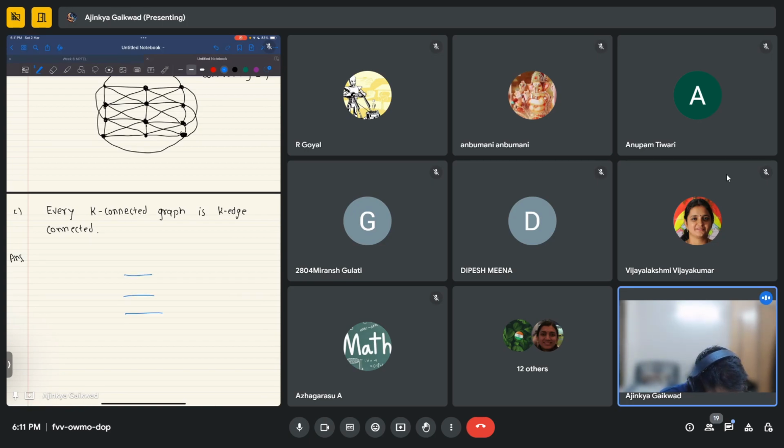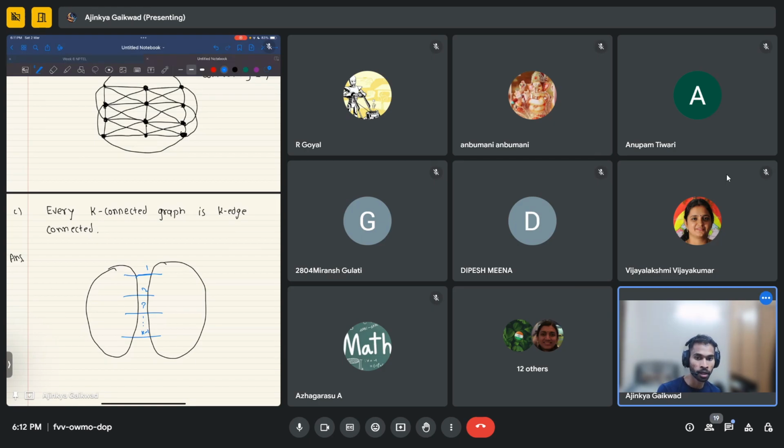Let me give an example, this is an intuition, I will prove it. So let's say the graph is K connected, but it is not K edge connected. Let's say you have two connected components, and this is my edge 1, 2, 3, up to K minus 1. Just for the sake of argument, it was not K edge connected.